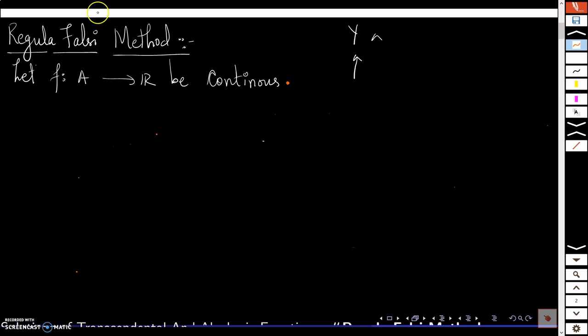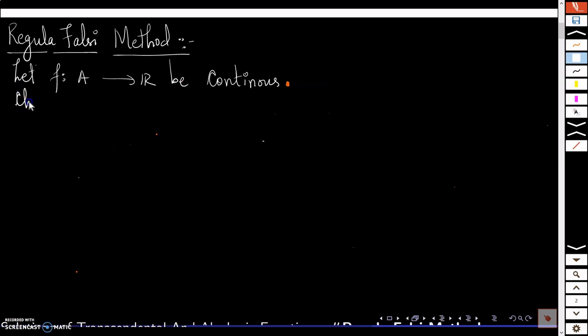Supposing I have a function f from A to R which is continuous. I have a continuous function from some set A to the set of real numbers. Now what I will do is choose two points inside the domain.